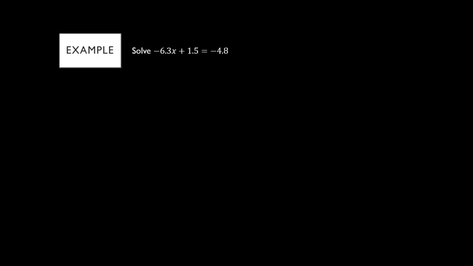So the first example here, we have negative 6.3x plus 1.5 equals negative 4.8. We need to see how many decimal places we have. Each of these numbers has 1 decimal place. This means we're multiplying by 10 to the first power, so we're going to be multiplying both sides by 10.